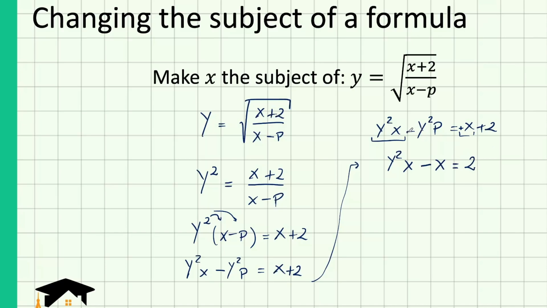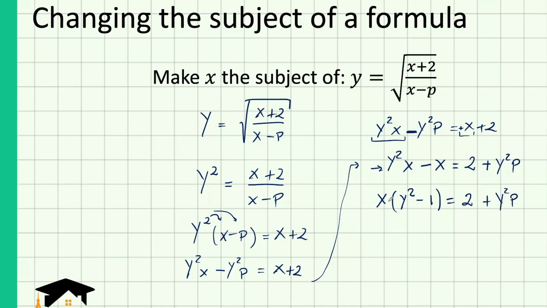And because here I have minus sign, then I will add y squared p. Now, just like we did in our previous exercise, we common factor x and gives us y squared minus 1. Because if I do the distributive law here, I will again get this. So this is equal to 2 plus y squared p.